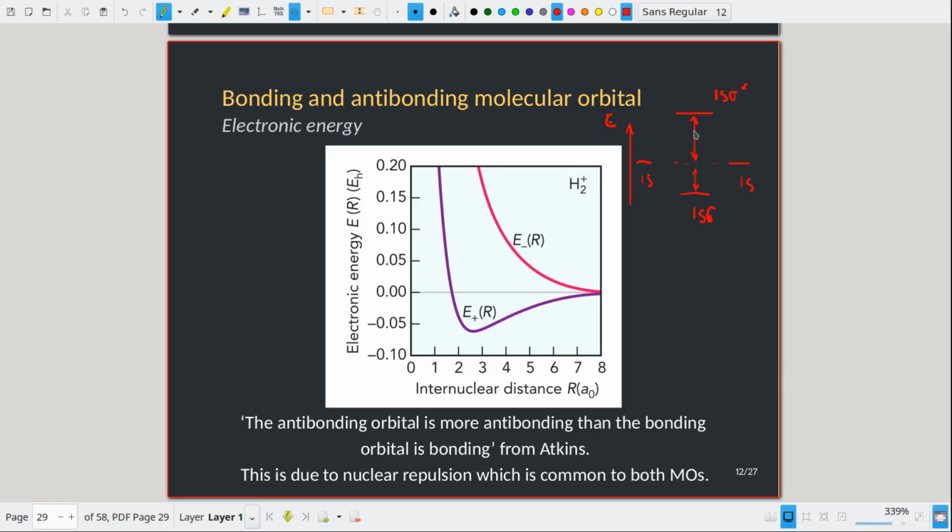So that energy is slightly lower. This energy here is slightly larger than this energy here. And this is what this sentence actually means.